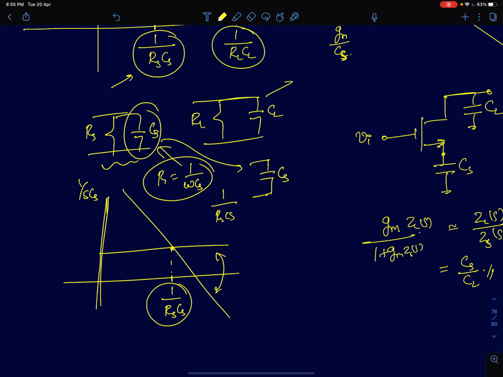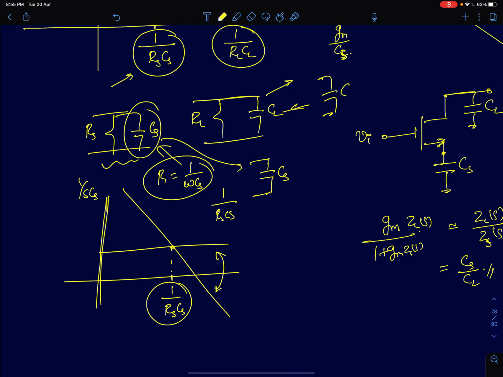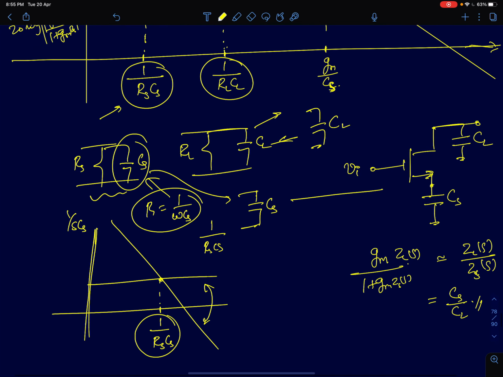In the same way, after the frequency 1 by RLCL, this parallel RC network is also going to look like a single capacitance of value CL. So now I have a circuit which looks like this. You have a capacitance at the source node CS and the capacitance at the drain node CL.